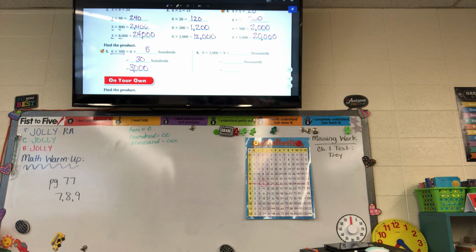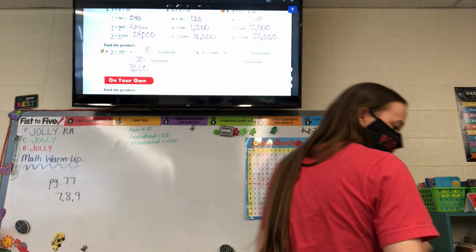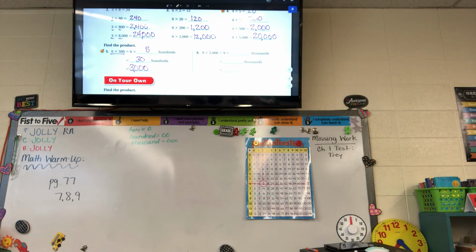You're supposed to be doing this problem. I don't get it. Like this. It's just like this. Exactly the same thing you just did, only the word thousands instead of hundreds.